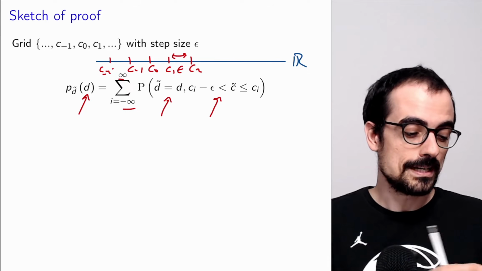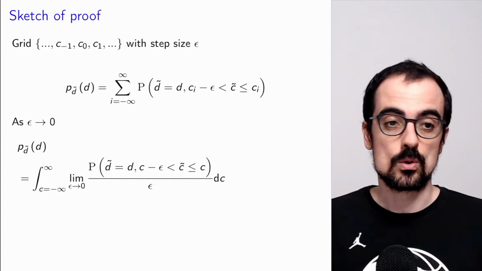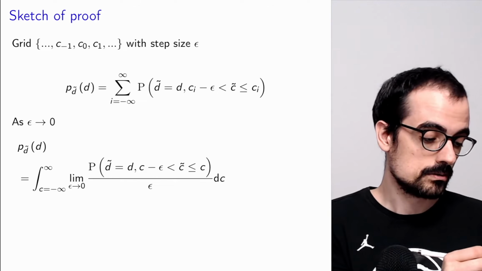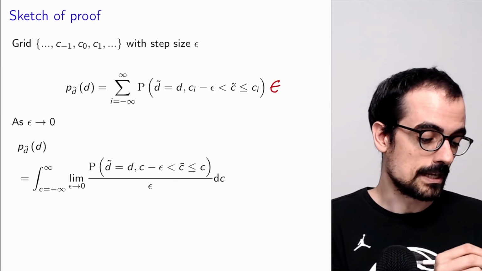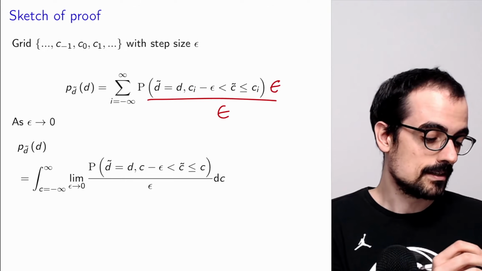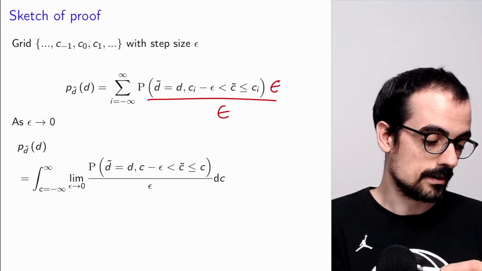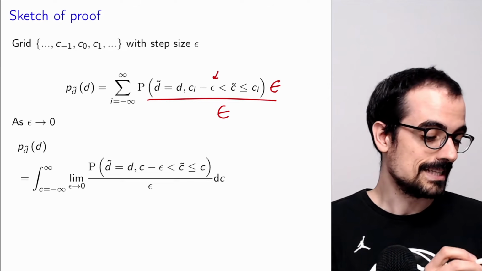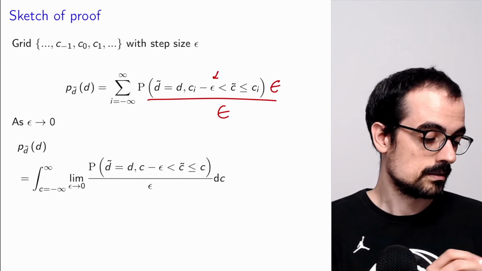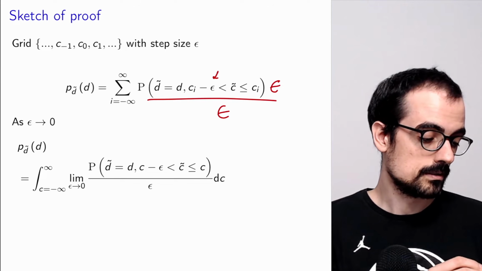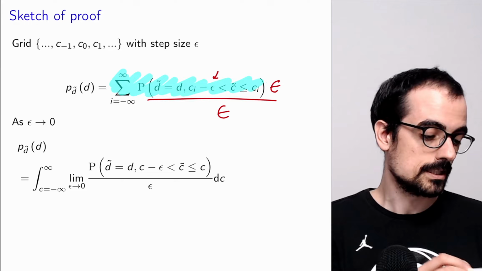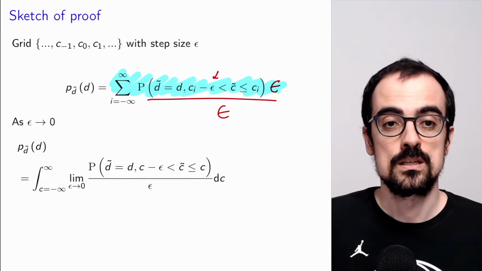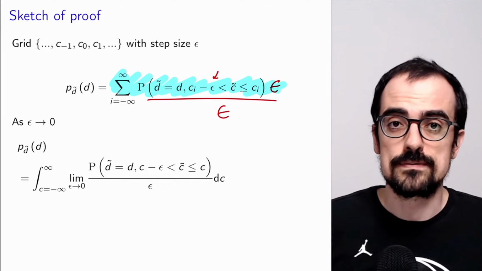But now what are we going to do? Well, we're going to multiply this by epsilon. When we multiply by epsilon and divide by epsilon and take the limit where epsilon goes to 0, then this upper part just becomes an integral. This is how you define the Riemann integral.